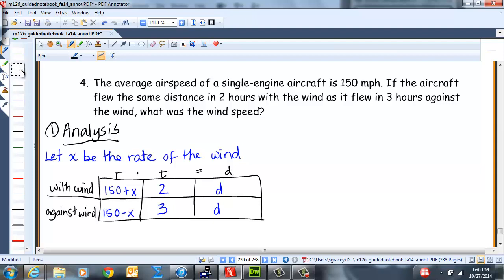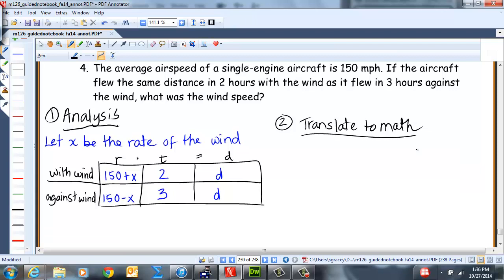So now, when we go to translate to math, we'll have rate 150 plus x times time, which is 2, equals our distance.